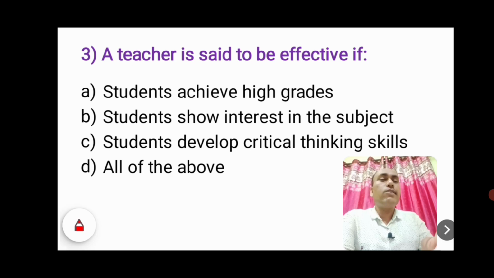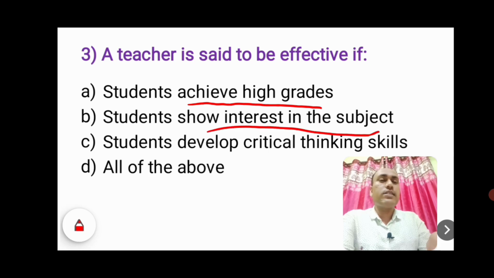A teacher will be said to be more effective when... First option, students achieve high grades. Yes, it will be, because when the students achieve high grades, it symbolizes the effectiveness of teaching. So it is also necessary. And option B is students show interest in the subject.